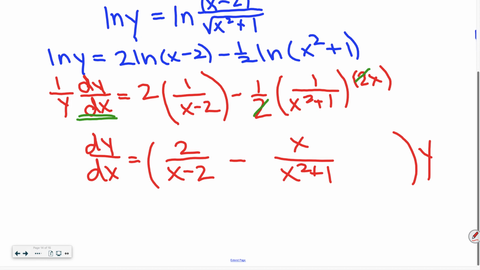Now, did this start off as an implicit or an explicit problem? This started explicit. And anytime you have an explicit equation, your derivative also should be explicit.